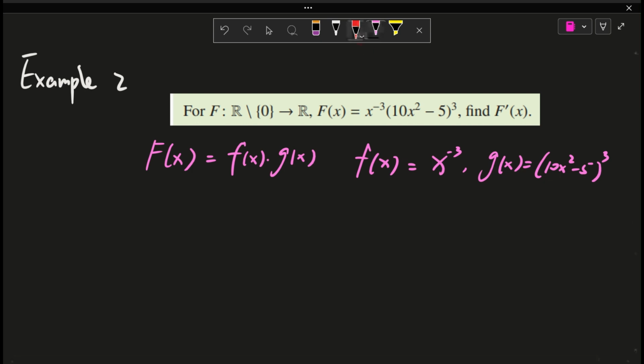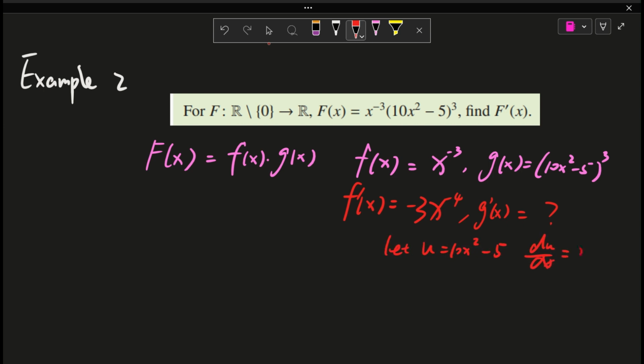And f'(x) equals negative 3x to the power of negative 4. And for g'(x) we can use the chain rule, so it's a little bit more complicated. So for g'(x), we let u equal 10x squared minus 5, and du/dx equals 20x.